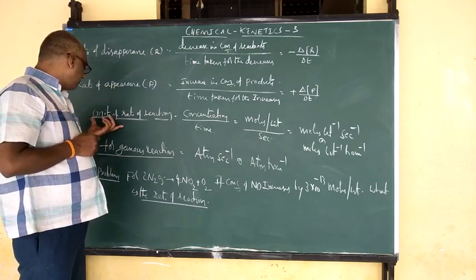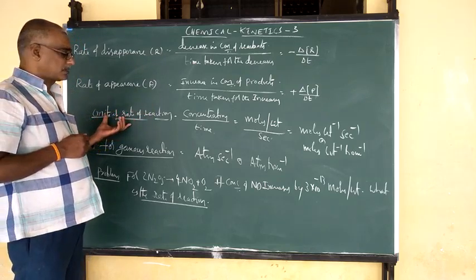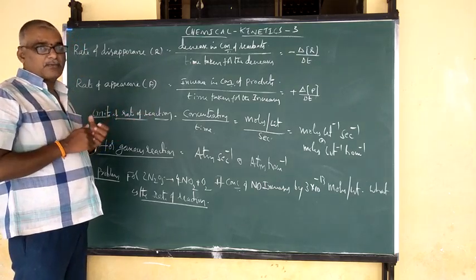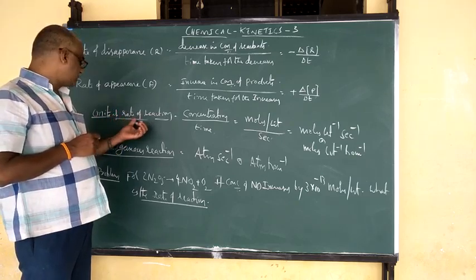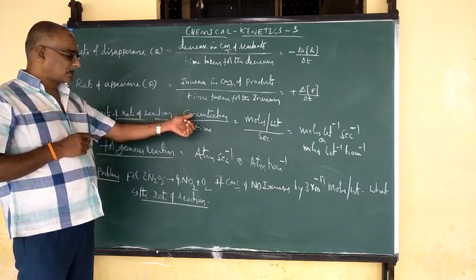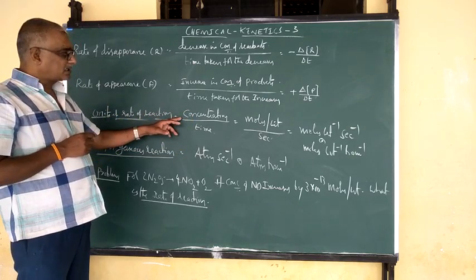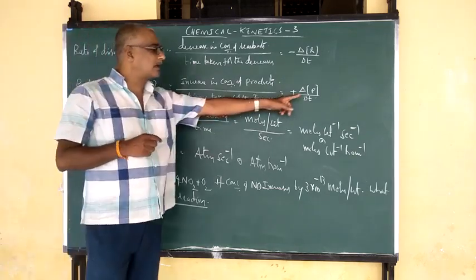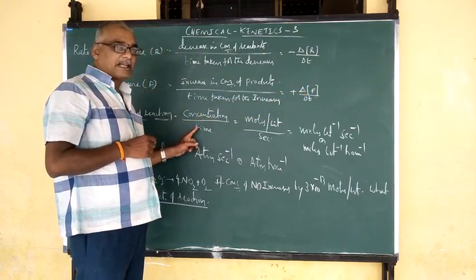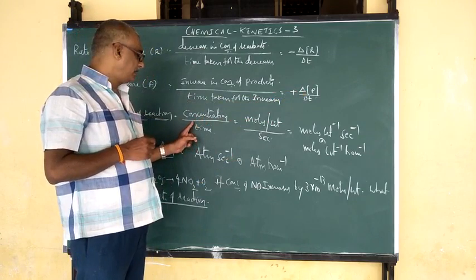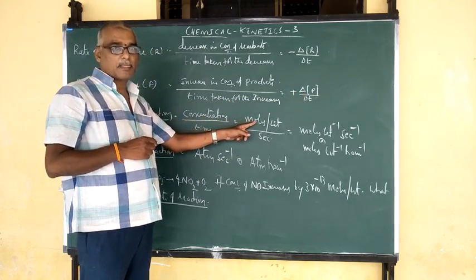Now today, what is meant by the units of rate of reaction? The units of rate of reaction mean concentration divided by time taken. Concentration is written in square brackets. The unit of concentration is moles per liter.